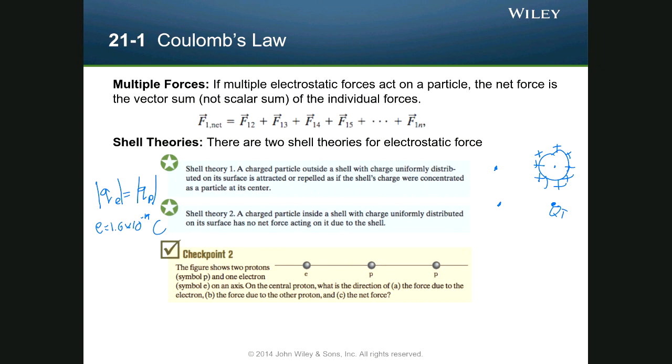Good, they're opposite charges. So the proton will want to move towards the electron. And now let's change colors for the other one. Is the proton going to be attracted to or repelled from the other proton? Repel, good.